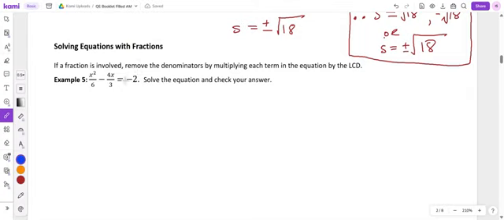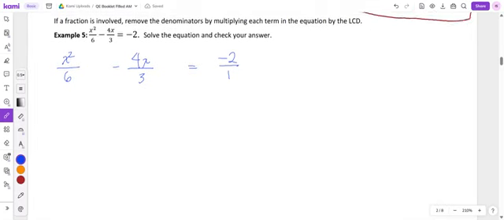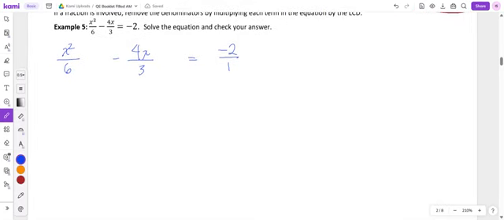Now, folks, tell me, this -2, I'm going to rewrite it. What's the denominator of -2? Beautiful, right? So if I have a whole number, I can write it as a fraction over 1. Okay? So now I'm looking for a common denominator for all these fractions.